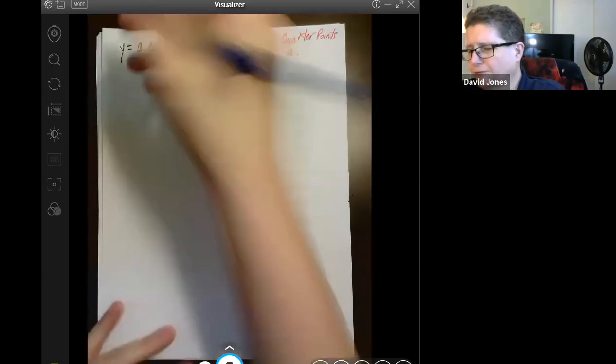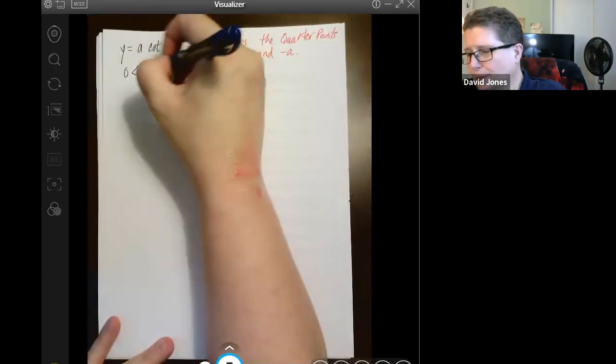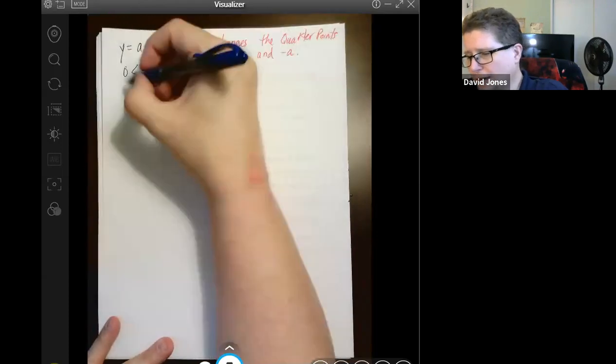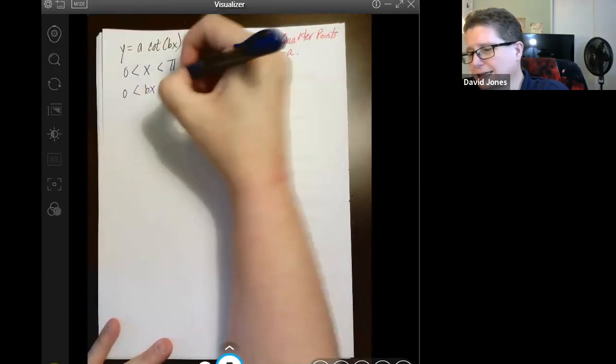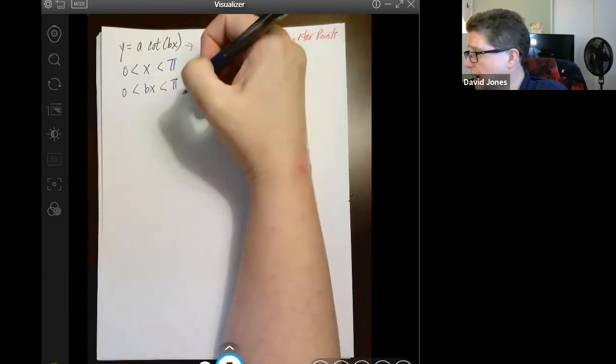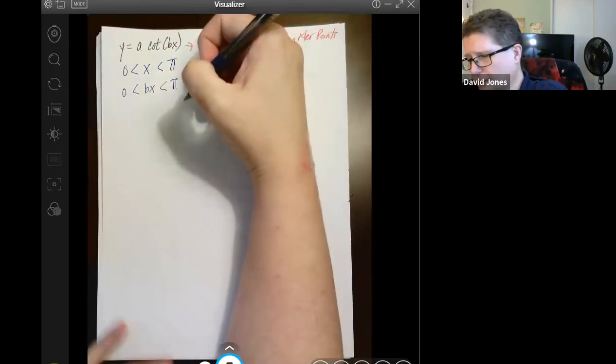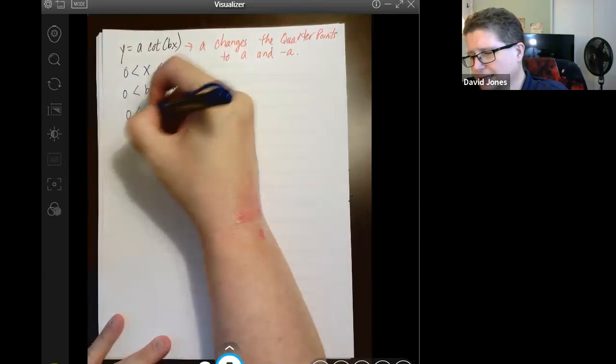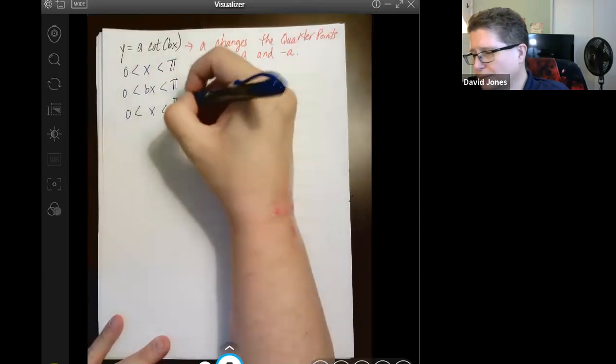Here we were going from 0 less than x less than pi. Now we'll make that 0 is less than bx less than pi. And we divide by b, we get 0 is less than x less than pi over b.